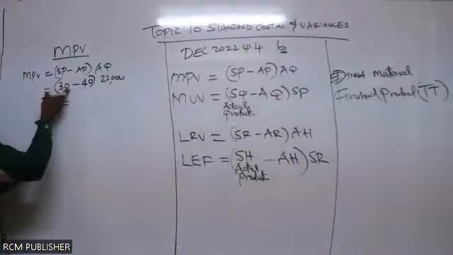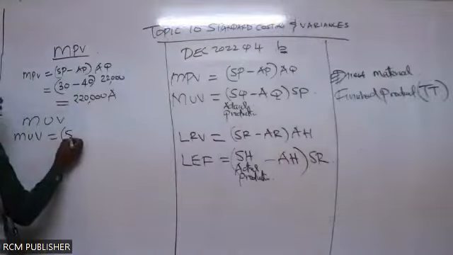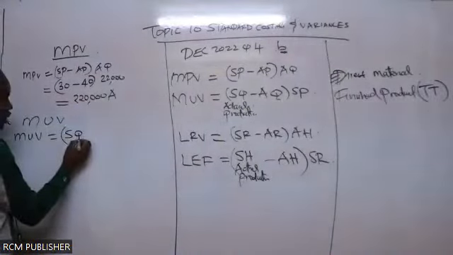So here, material usage variance, the quantity that we budgeted to use. Material usage variance is standard quantity in actual production minus actual quantity, then you multiply by the standard price.